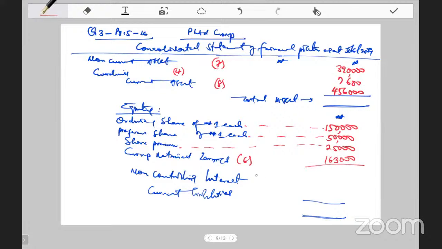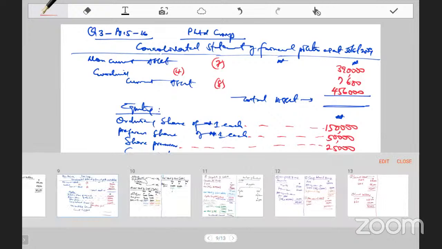The addition of everything here is always called shareholders' fund. Then what's our non-controlling interest?